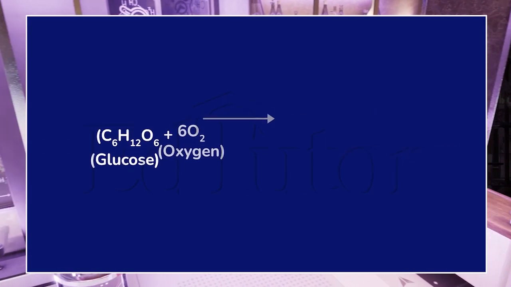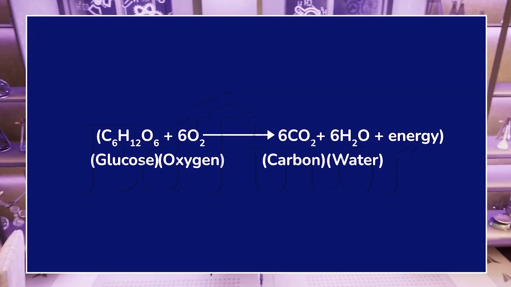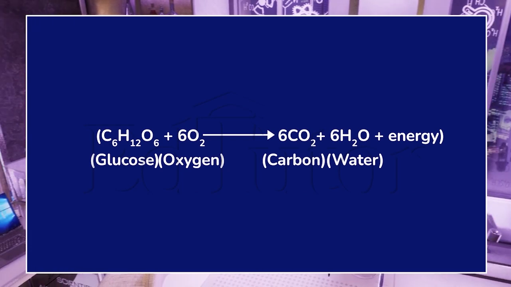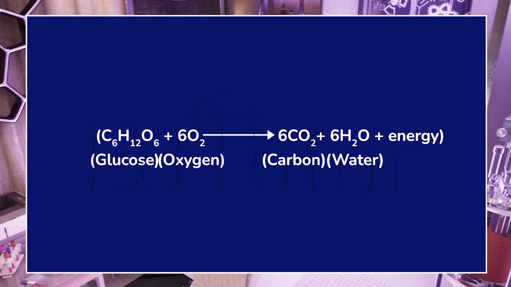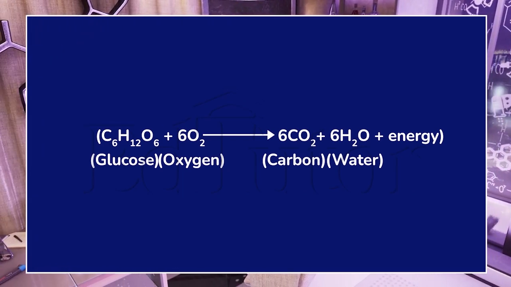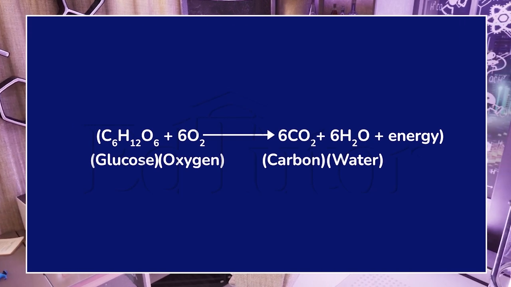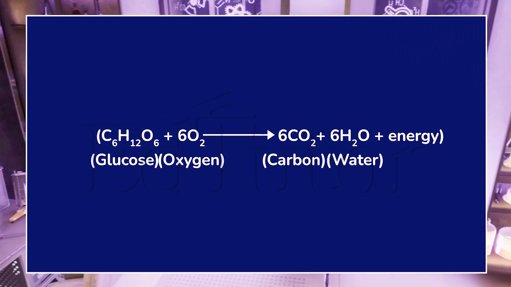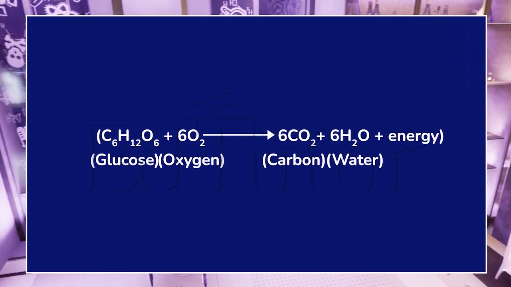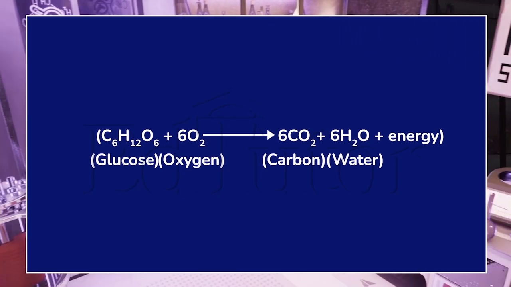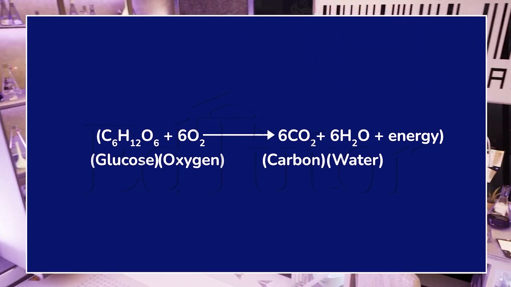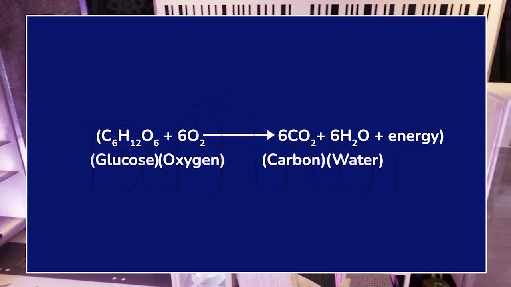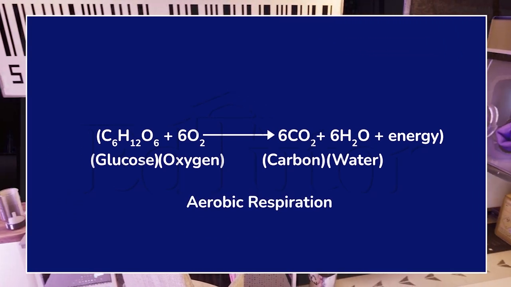Wait, there is another equation on your screen. What's this about? Here, glucose is reacting with oxygen to produce water and carbon dioxide with the release of energy. Doesn't it look like we simply reversed the previous equation? But the equation that is on your screen right now is the equation of aerobic respiration.